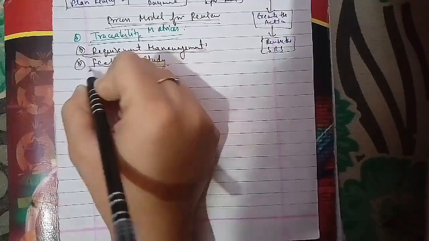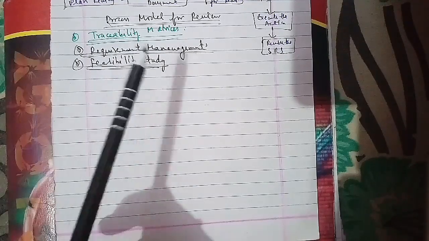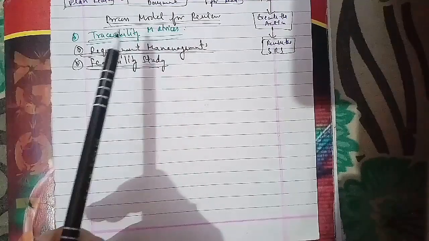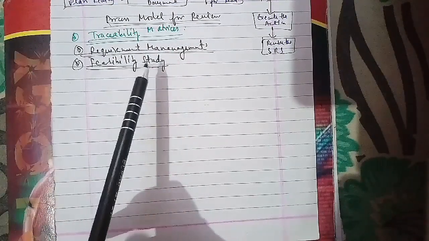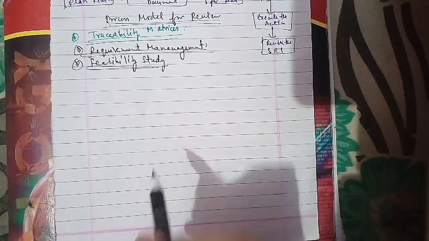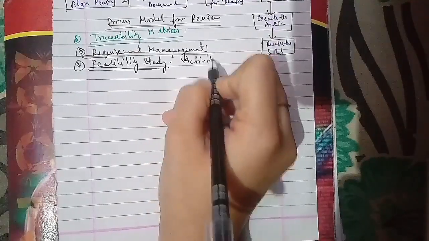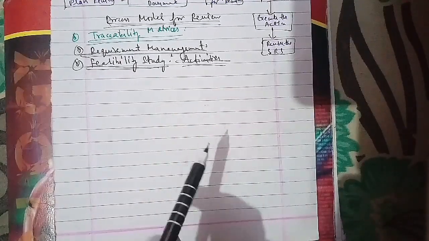So first we'll talk about the aim. The focus or aim of a feasibility study is to check if the system contributes to organizational objectives, if the system can be engineered using current technology, if the system is within the given budget, and if the system can be integrated with other useful systems as well.